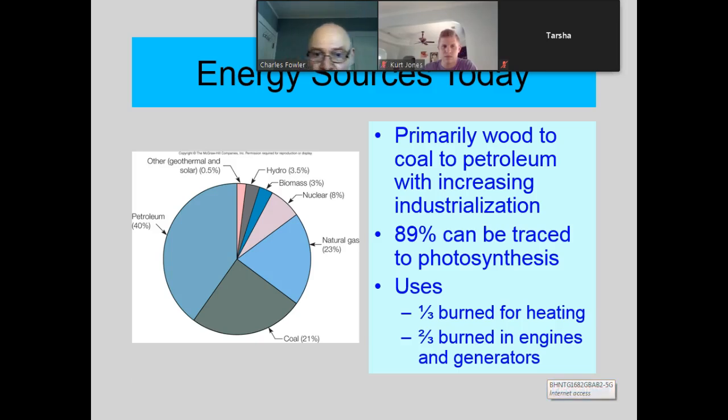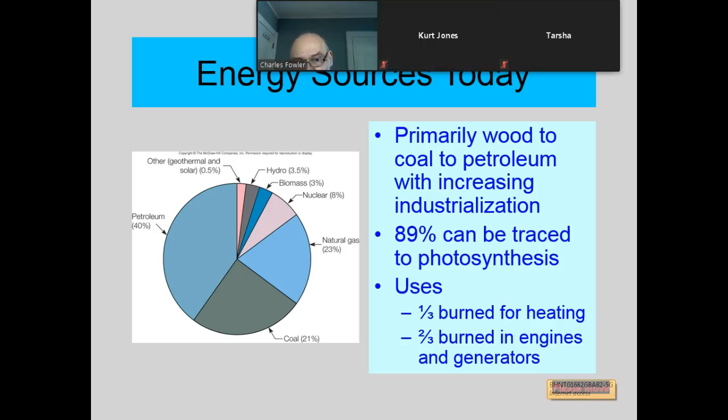Then they moved to petroleum. Petroleum, with more industrialization, this is what they went to. Nowadays, they're actually going away from petroleum, trying to get more to natural gas. Okay? So other things are happening.